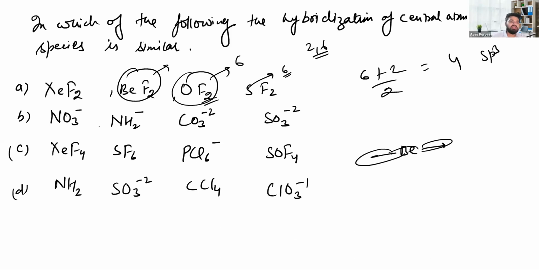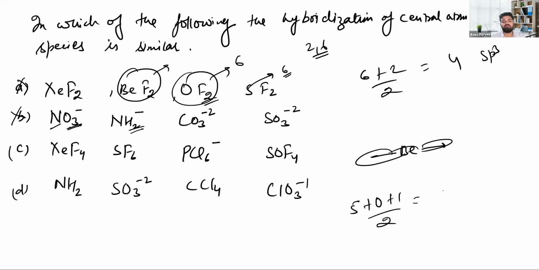And how can this and this have the same, because this is a divalent atom, this is a monovalent atom, so their hybridization will also change. Okay, so this is not going to be the correct option. Why? Are you getting my point? This is going to have 5 valence electrons, and this has 0 monovalent atoms and plus 1 negative charge.